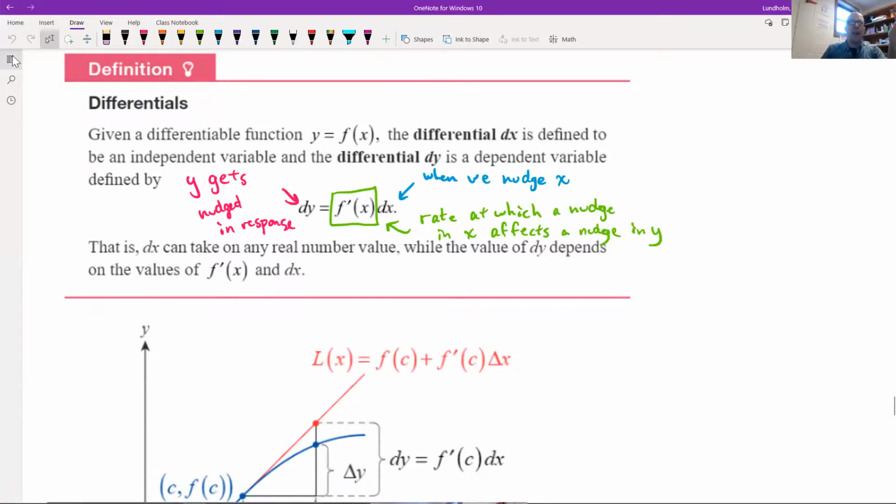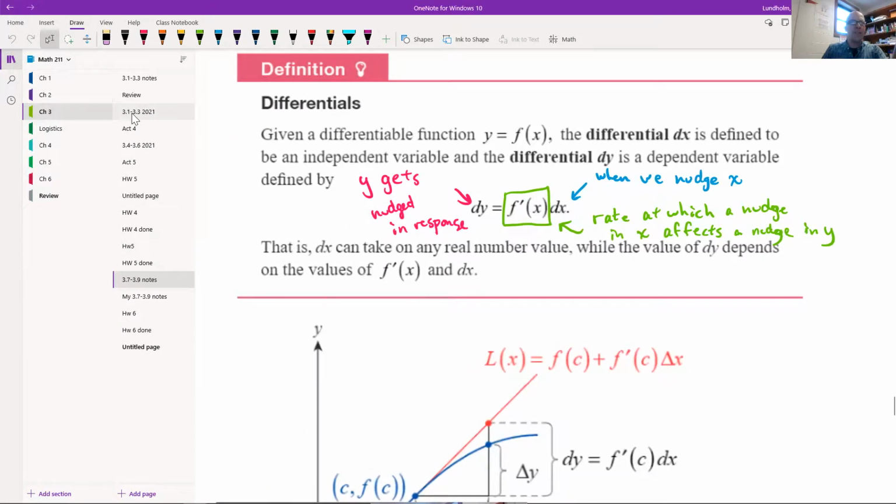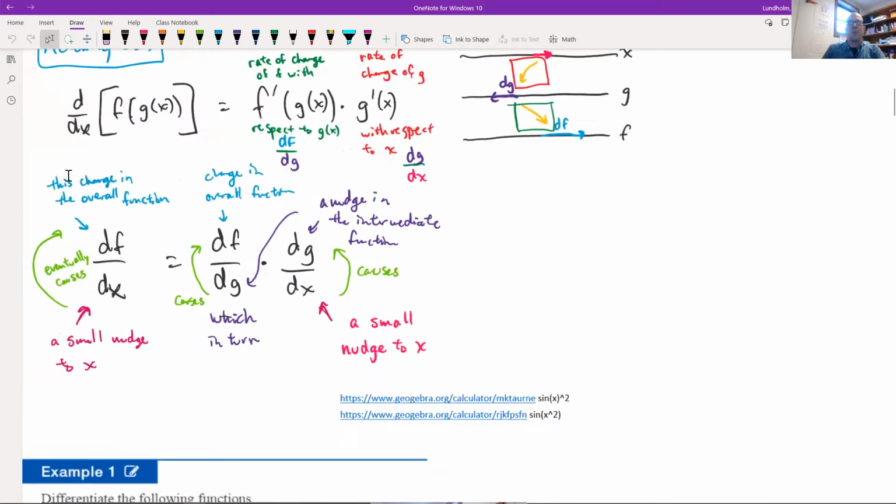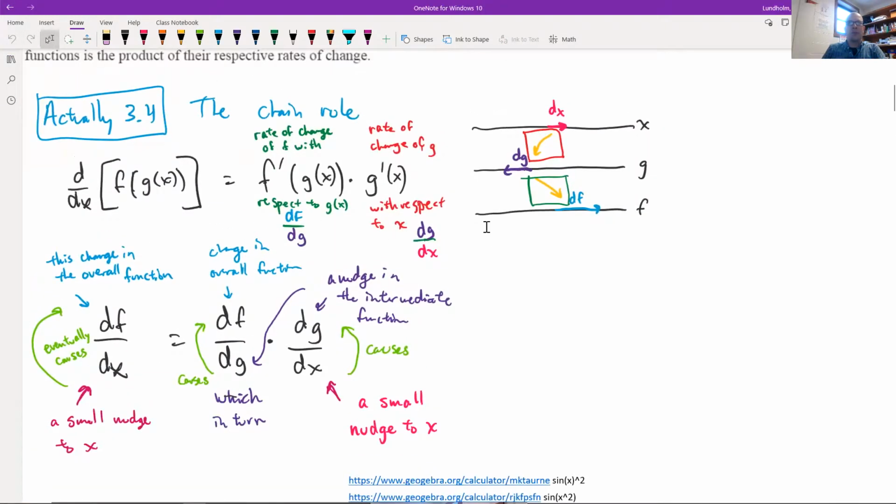And yeah, just to remind you, we've looked at this very, very recently. If we go back here, when we were doing the chain rule, we were actually doing multiples of this.